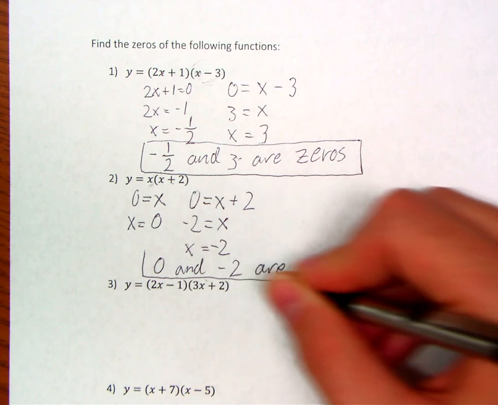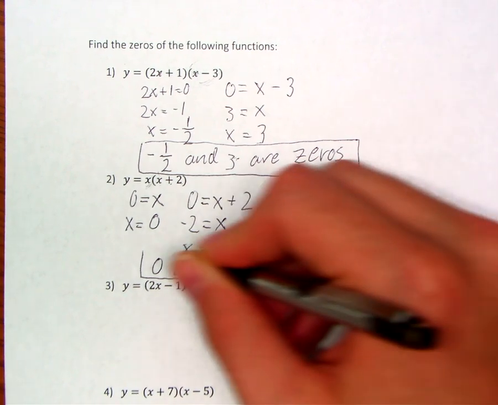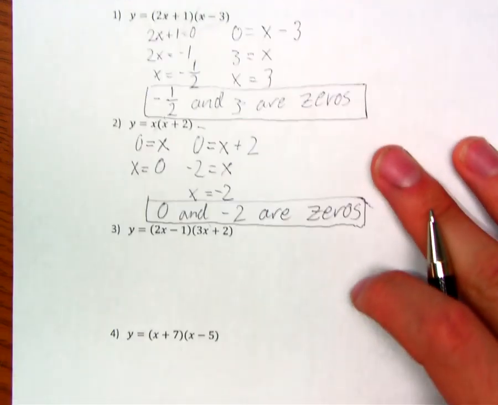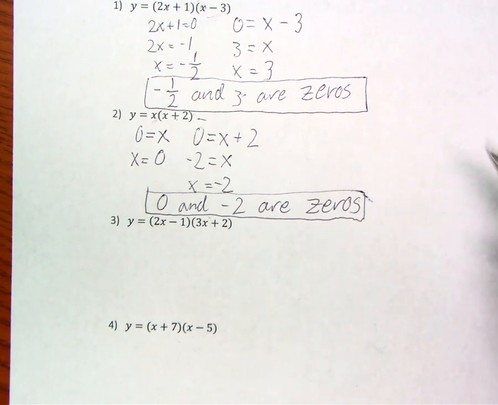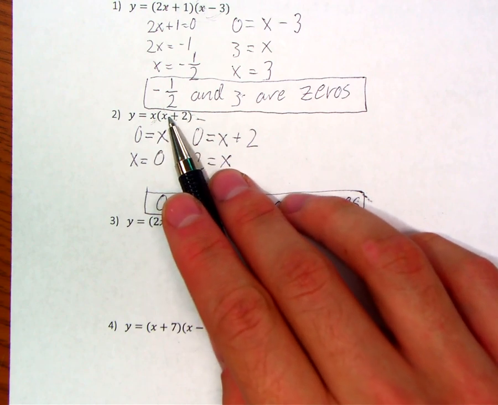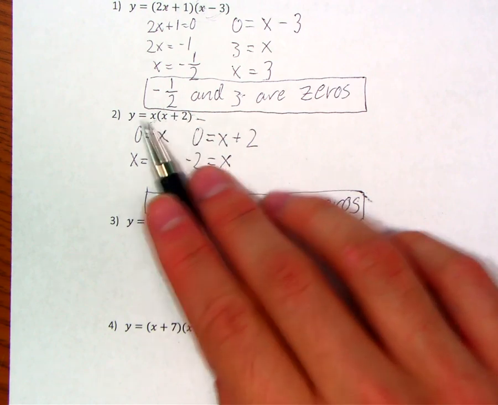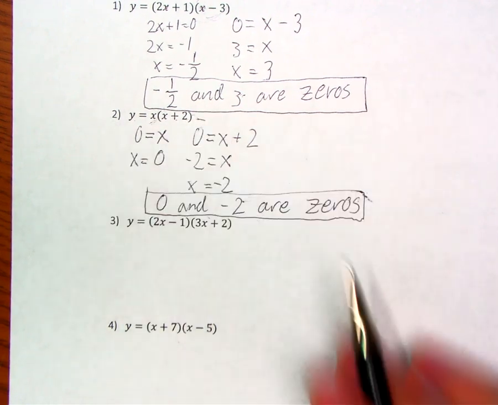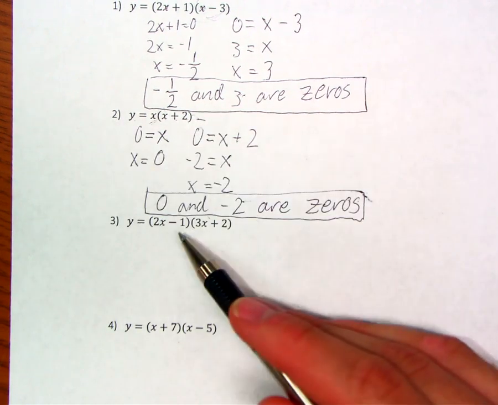Both of these numbers are zeros of this particular equation. All right, so the pattern is if I've got 2 linear equations multiplied together, I'm going to figure out the zeros of both of them, and those are both going to be zeros of the whole equation. Let's see if you can do that for this example.